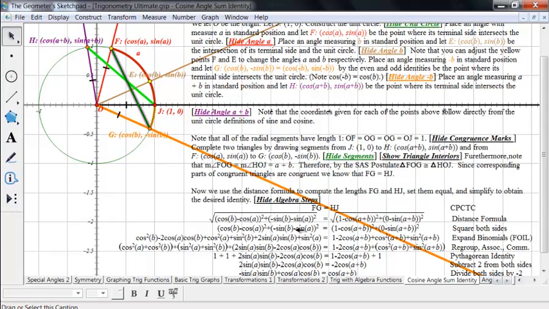So that's the distance on the left side. We do those subtractions to find delta x and delta y, then we square, then we add, then we square root.